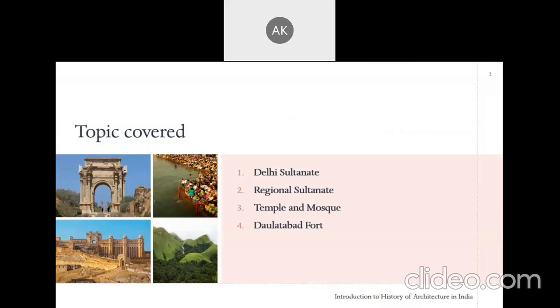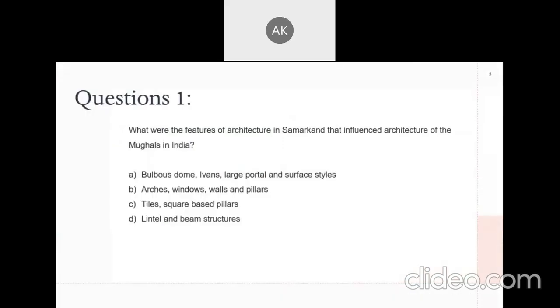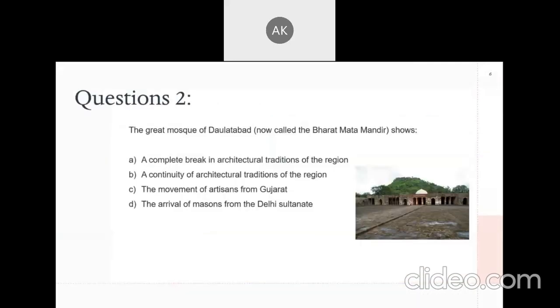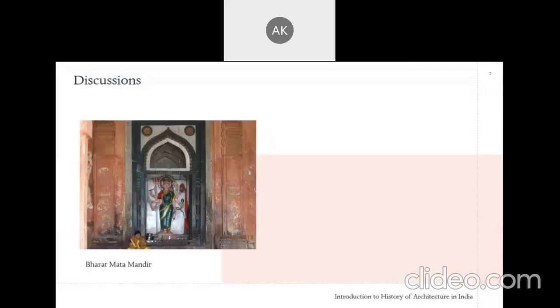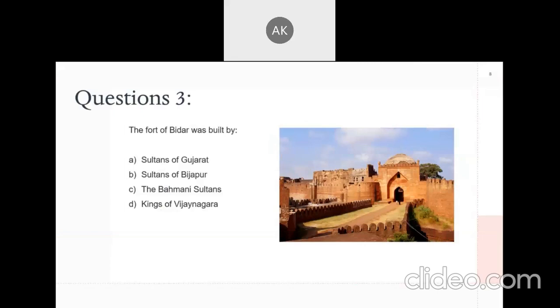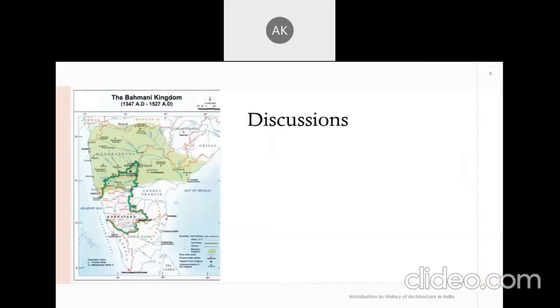These were the topics covered in the second week lecture: the Delhi Sultanate, regional Sultanates, temples and mosques, and then Daulatabad fort. We have gone through several verbal and visual questions. We learned about different domes, Ivans, and various mosque structures, the Bharat Mata Mandir, and the fort of Bidar.